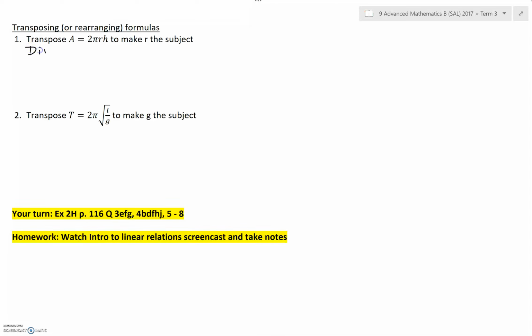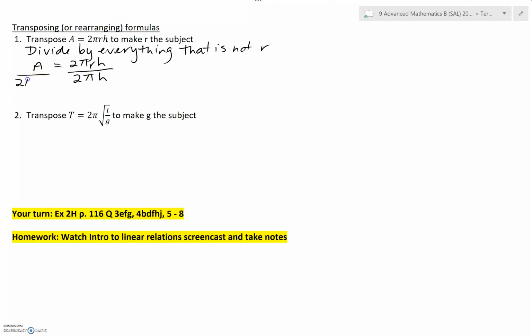So we are going to divide by everything that is not r. So A equals 2 pi r h, I'm going to divide by 2 pi and h.